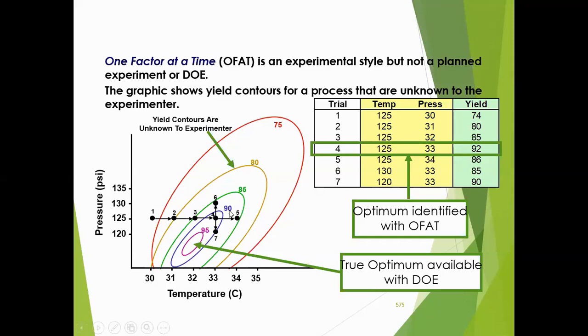Now, which is the best one? 90 or 95, 92, somewhere here. So we see 121 is my pressure level and 33 is my temperature level for the most optimal, or the best yield that I can possibly get. And this is called design of experiments. Try multiple combinations, basically.